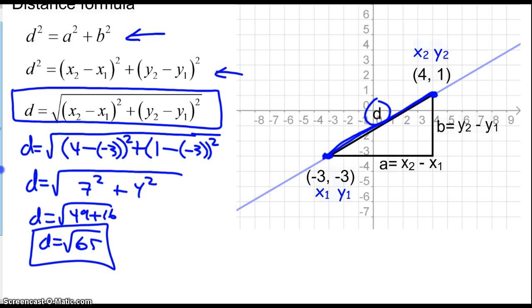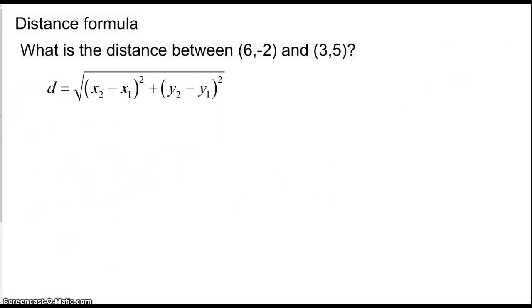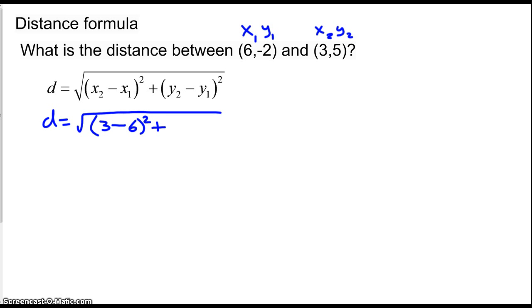All right. So if you feel like you have this idea, try this one. Same idea. Okay, well, let's see. Let's call this point 1, so it has an x and y. Let's call this point 2, it has an x and y. I can just use the formula then without graphing. x2 would be 3 minus x1 is 6 squared plus y2 is 5 minus y1 is negative 2 squared.